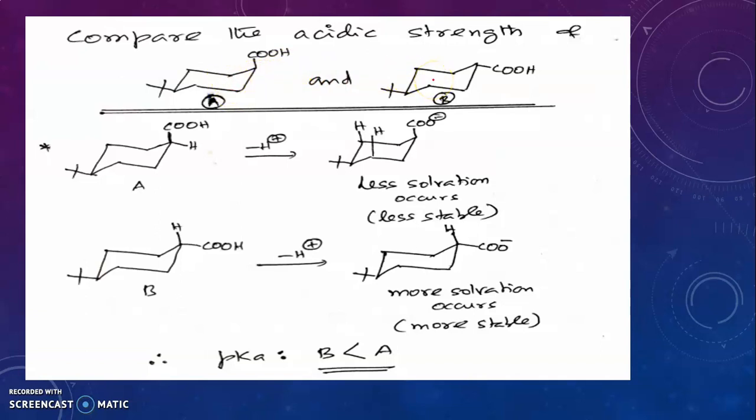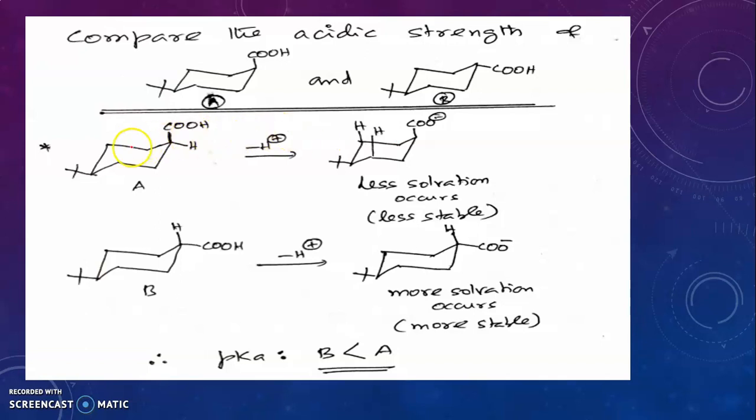Why? What's the reason? Suppose I take the cis isomer first. You know very well, the acidic strength of a carboxylic acid depends upon the stability of the carboxylate ion formed. If the carboxylate ion is more stable, then the acidic strength is high.